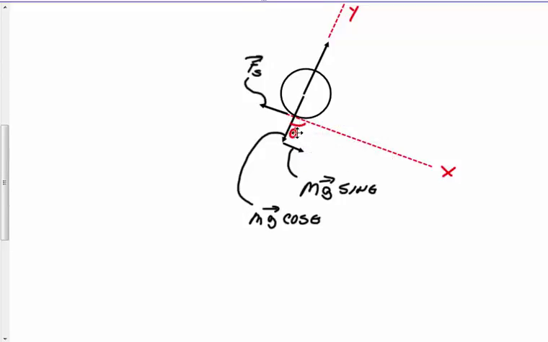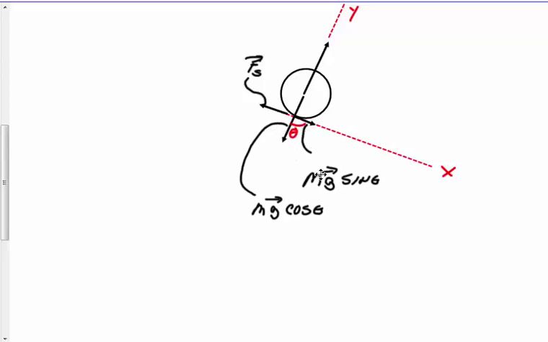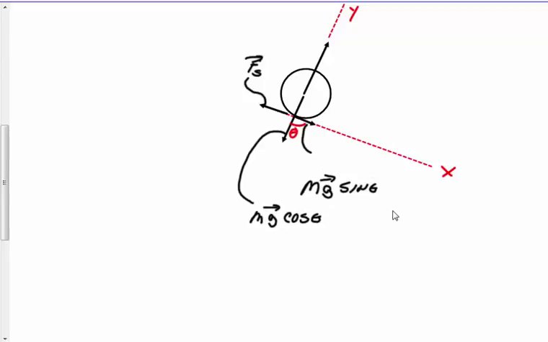I'm going to move this one back in to where it would be. Sometimes it doesn't work. I'll just rewrite it. mg sine theta. And I'm going to erase this.